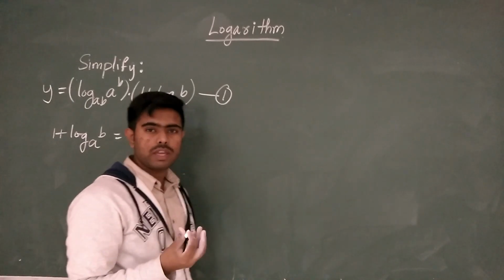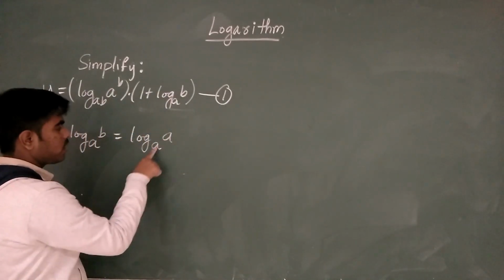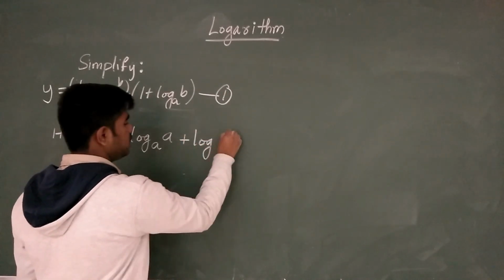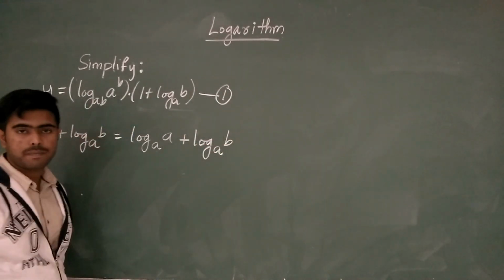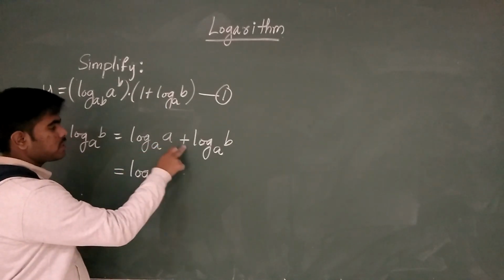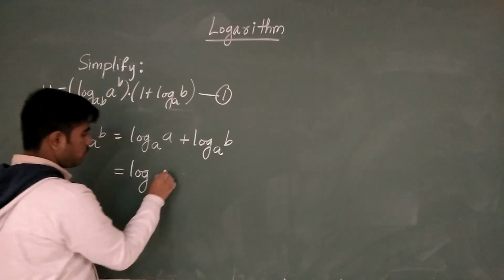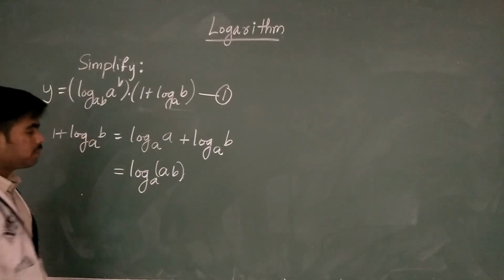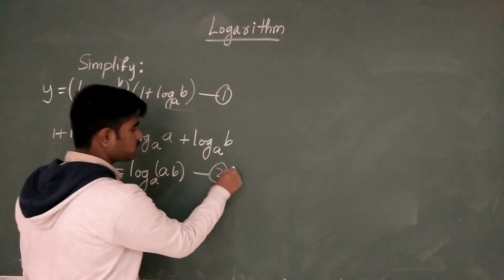So log a and log a will get cancelled. So this is log a to the base a plus log b to the base a. I can write this as log of a plus log of b, that is log ab to the base a. Let me call this equation 2.